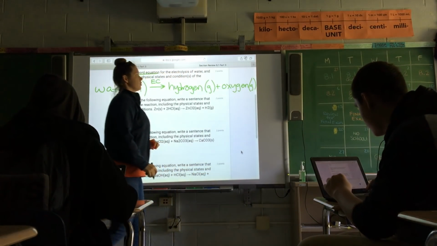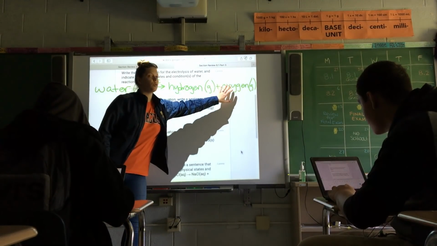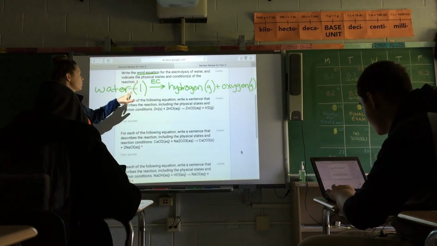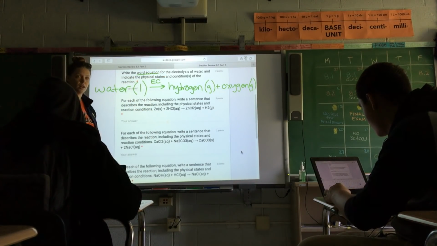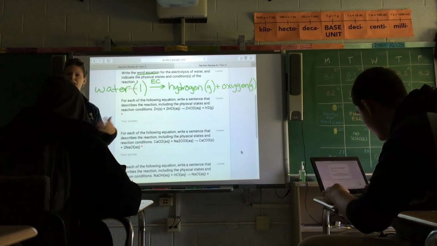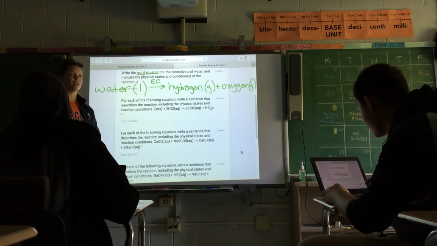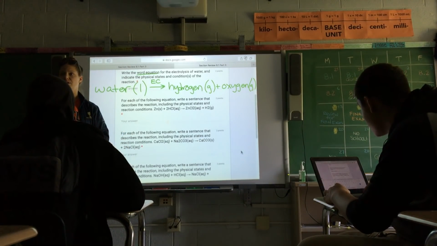Any questions about this? This is our word equation. It tells us our physical states. The conditions are our electrical current. Make sense? You might not be super familiar with it right now, but by the end of these problems, it'll probably become a little bit easier.